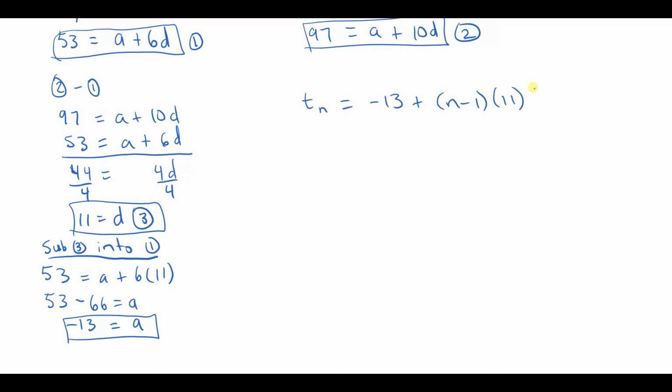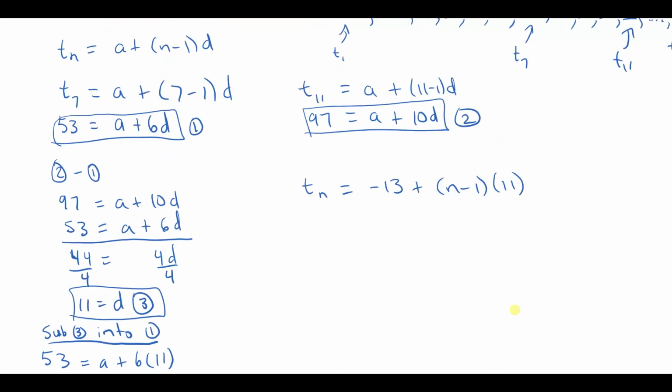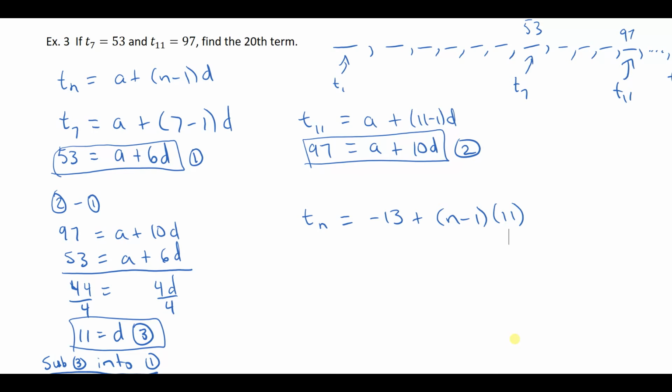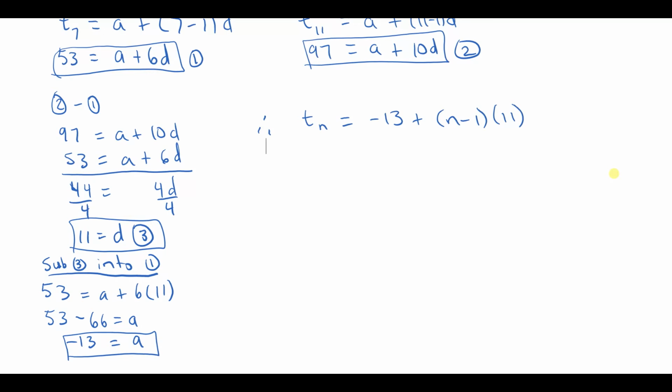Now what was the purpose of this question? It's always nice to look back to the question if you lose direction a little bit. Find the 20th term. So we need to find T20. We just need to sub 20 in for n.